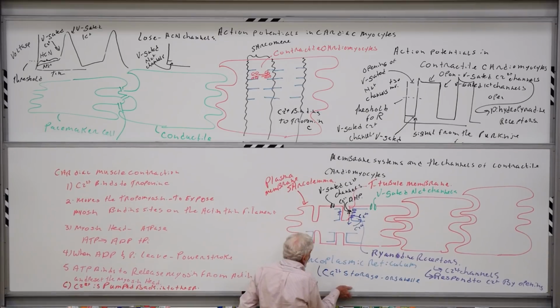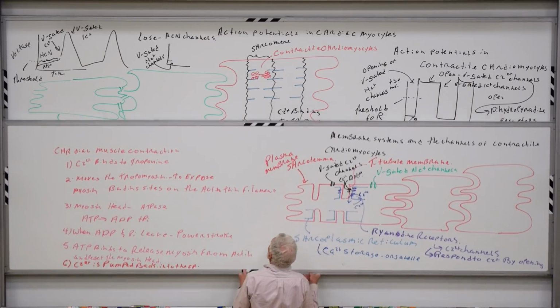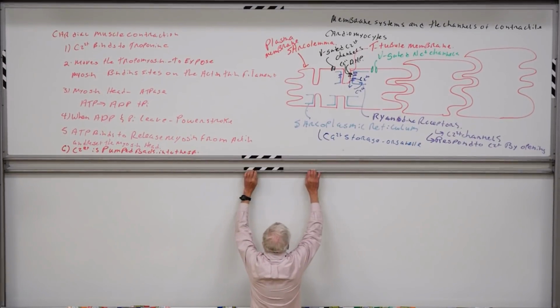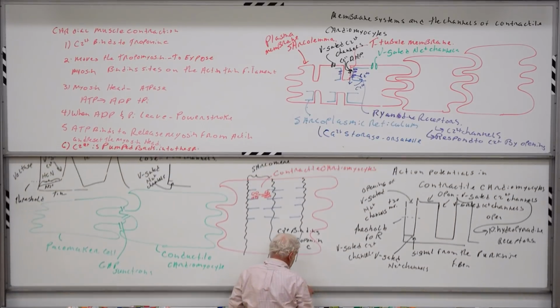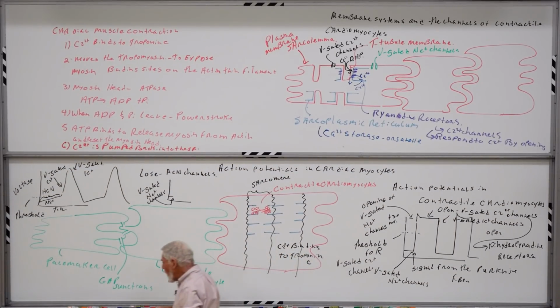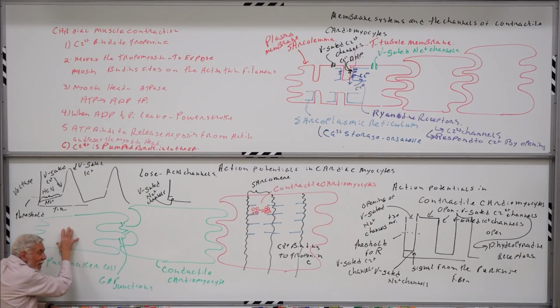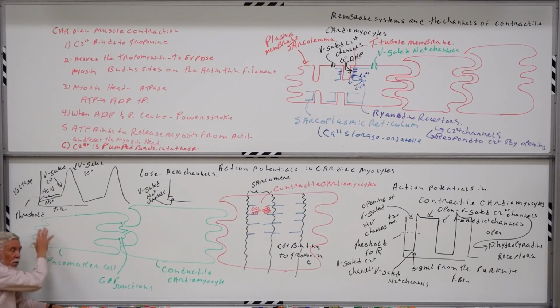what I want to think about now is to change gears a little bit. Back to the very beginning, we emphasized the role of these electrical signals in generating the rate and rhythm of the heart. And we said that these electrical signals are intrinsic to the characteristics of the heart.